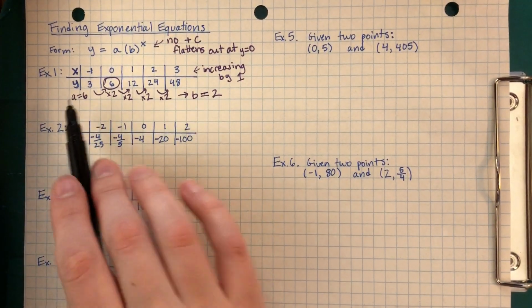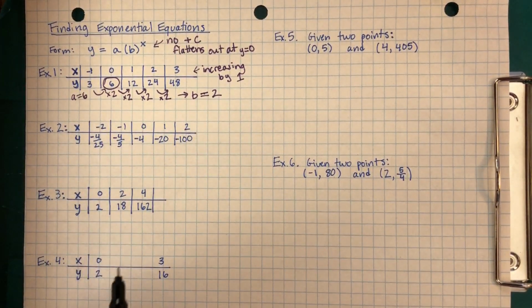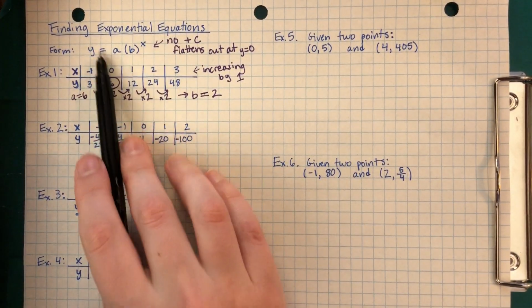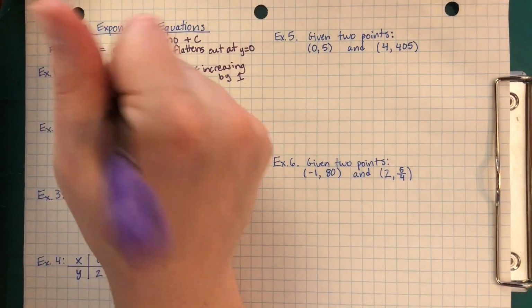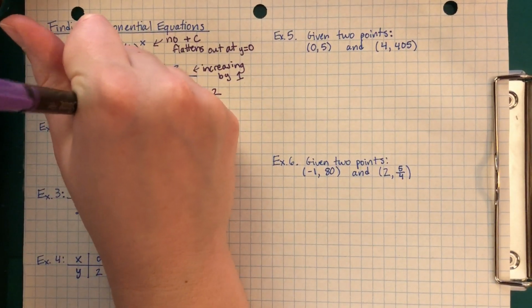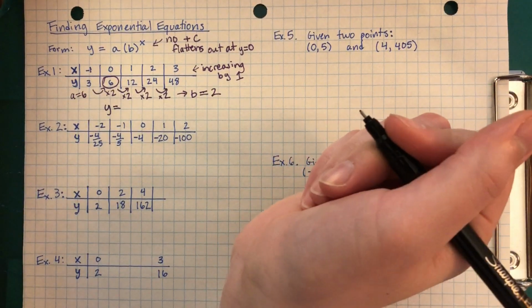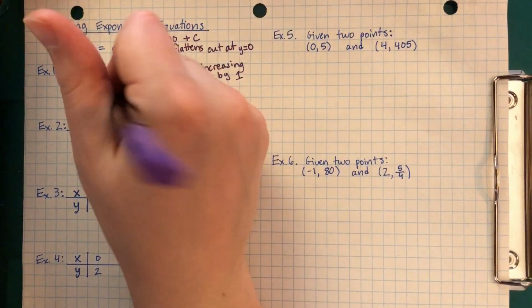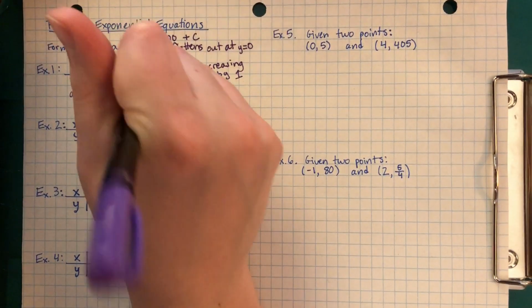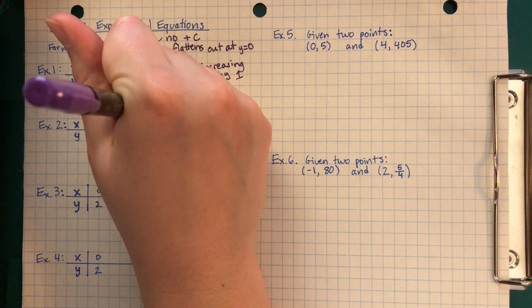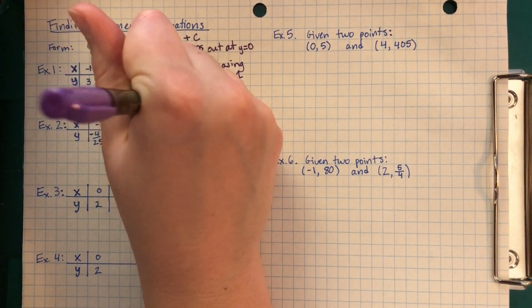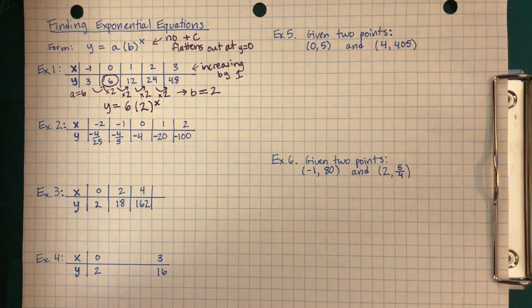So I'm going to take these two facts and I'm going to write them in this form. I'm going to write y equals a times b to the x, but in this case a is 6 and b is 2.